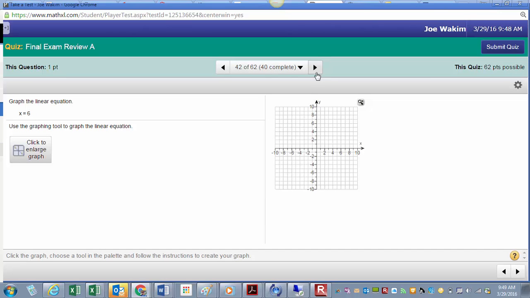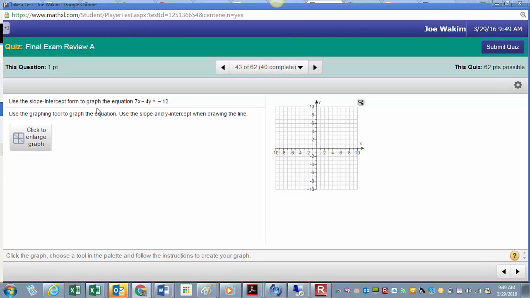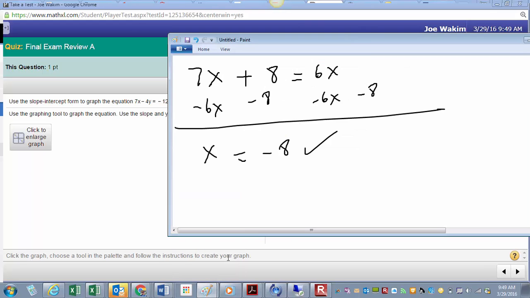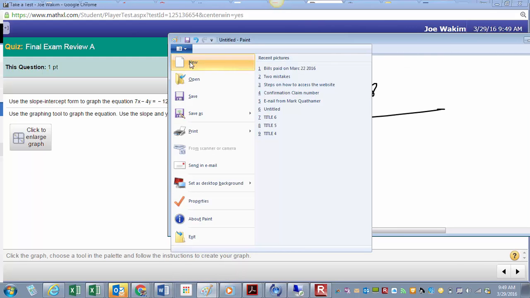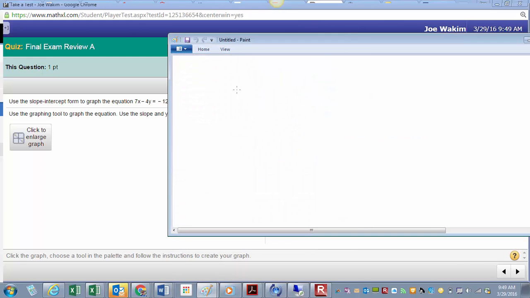Use the slope-intercept form to graph the equation. 7x minus 4y. So we need to change this one to slope-intercept. Let's do that. We have 7x minus 4y equals negative 12. So we need to move the 7x. So let's subtract 7x from both sides.